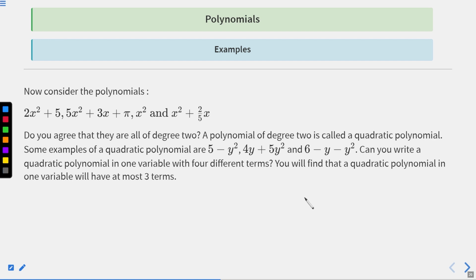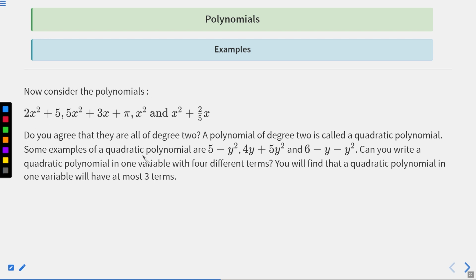Okay, so now consider the polynomials 2x square plus 5, 5x square plus 3x plus 1, and x square plus 2 by 5x. Do you agree that they are all of degree 2? Each of these polynomials is of degree 2.